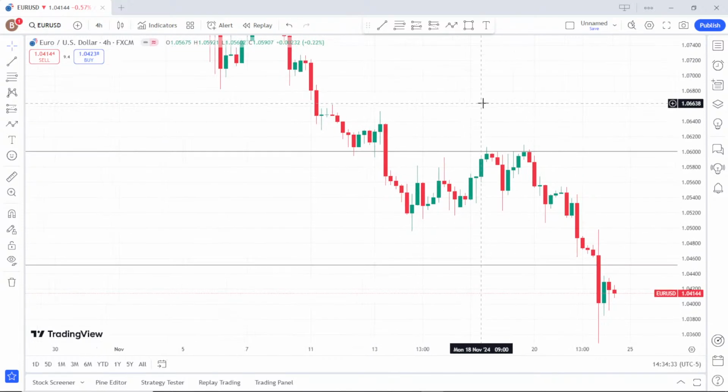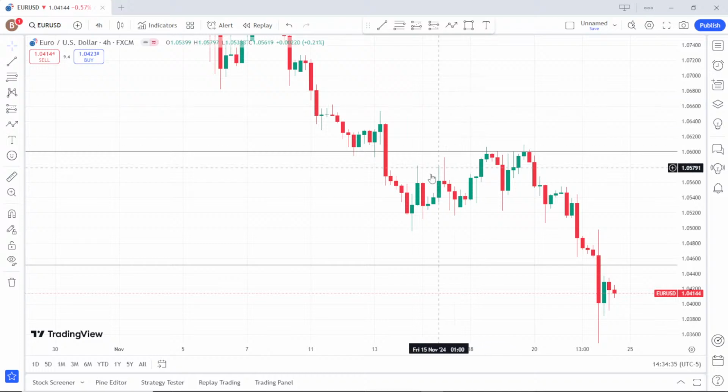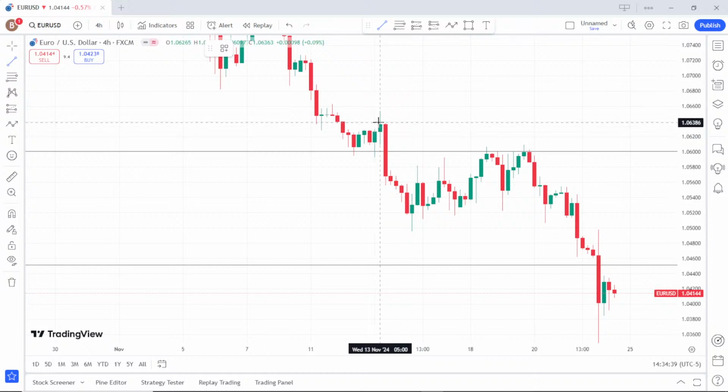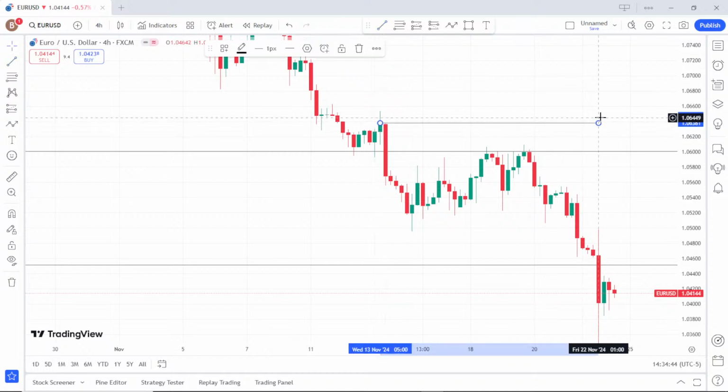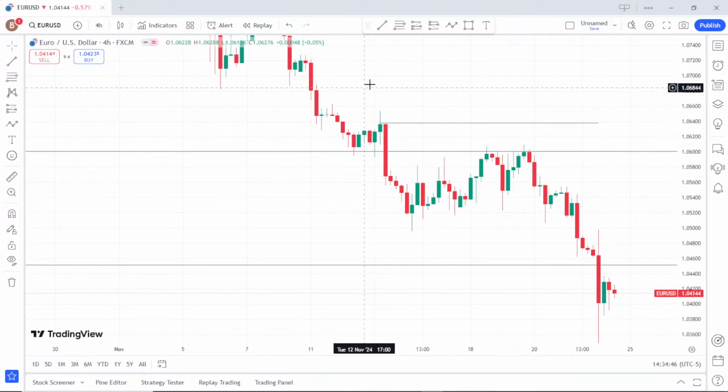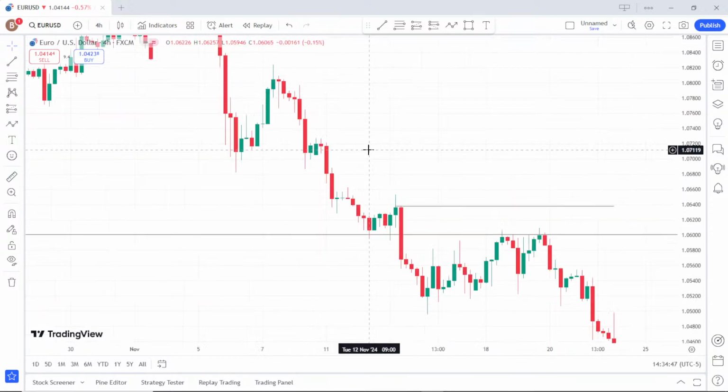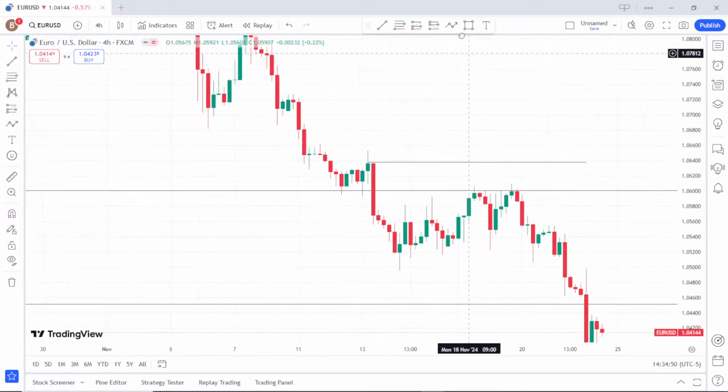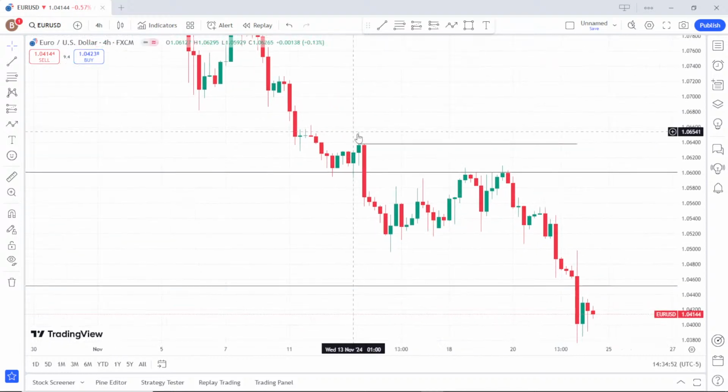The only time I can be thinking of, oh, do they want to go back up a bit more, is if they have taken out this particular high, this one. If they take this out, I would have been thinking maybe here or here, it might keep going up to maybe target here. But as long as they are within this price leg, from here to here, all of this is retracement.